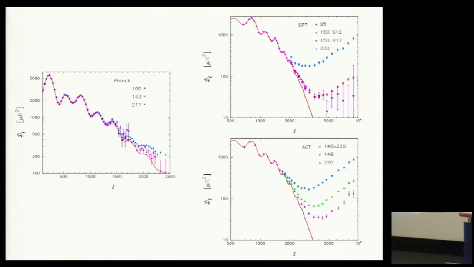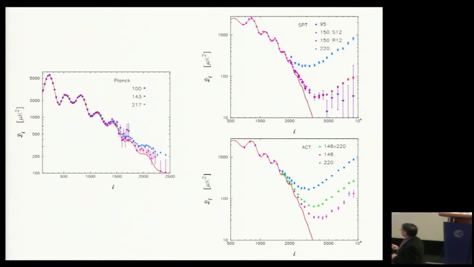Now, the foreground model that we've adopted also includes a lot of other nuisance parameters like relative calibration coefficients between different frequencies and beam uncertainties and so on. So there are a lot of parameters in addition to the cosmological parameters to solve for.